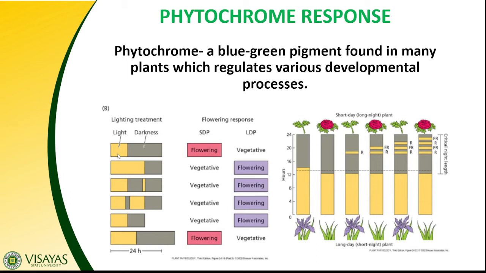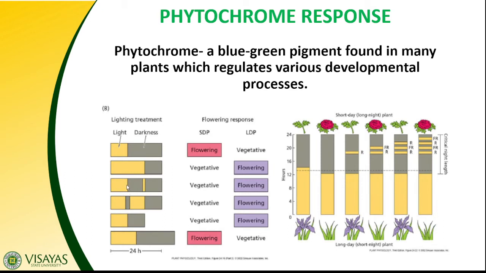So as we learned, if the short day plants are exposed to short day condition of light and long darkness, they will flower. But LDP will remain vegetative or they will not flower. On the other hand, exposure to long photoperiod and short darkness or dark period will make the SDP vegetative and LDP flower.